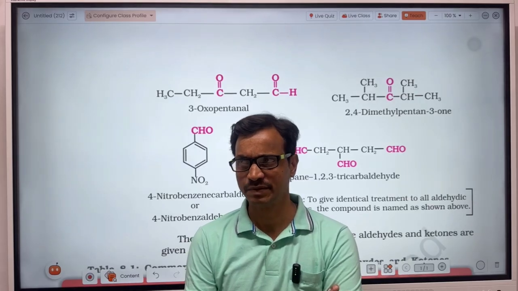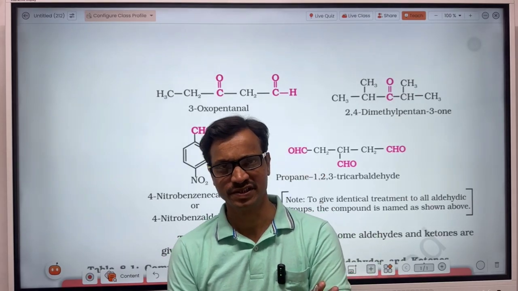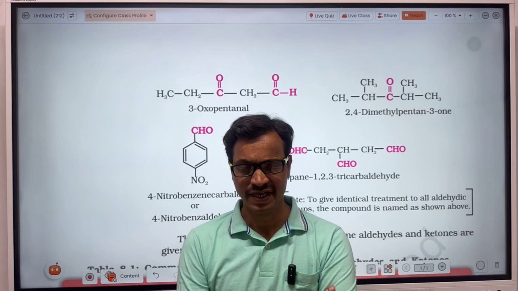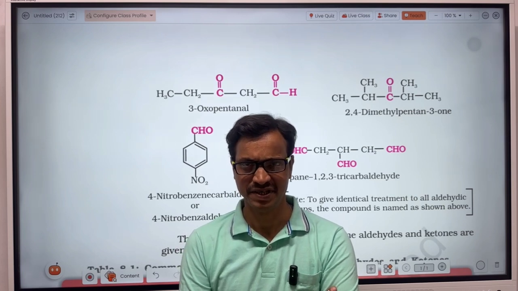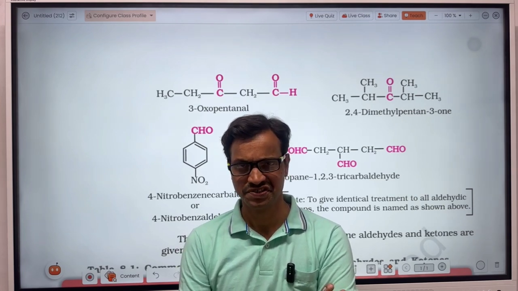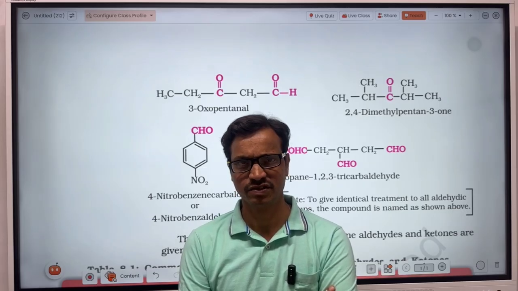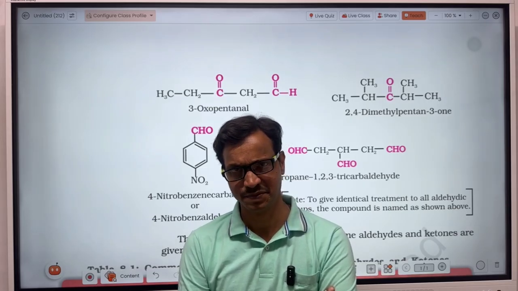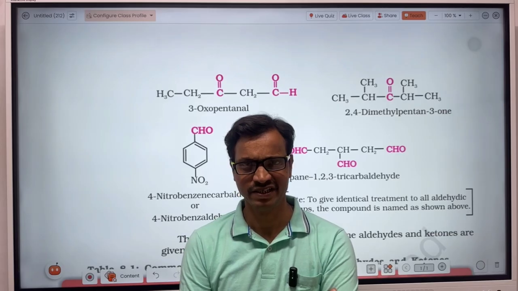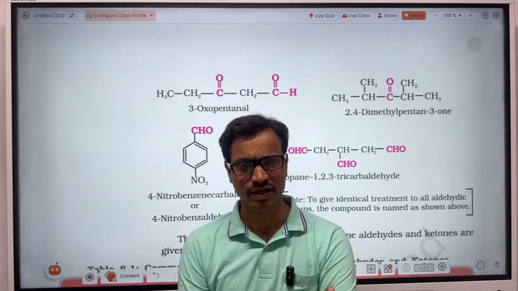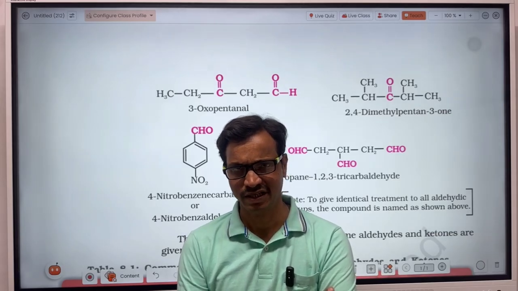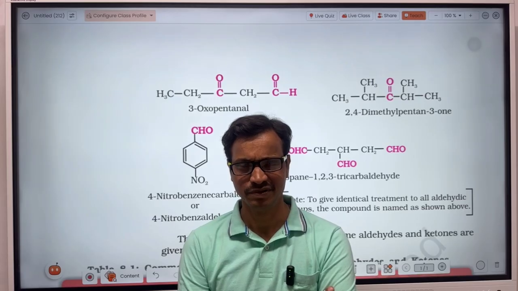Always, whenever there is more than one functional group in the compound, the name of the compound will be based on the most senior functional group. Then the other functional group will be considered as a substituent, and we will have to write the name of the substituent firstly according to alphabetical order, and then the name of the compound based on the most senior functional group.